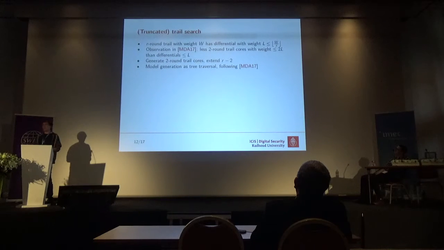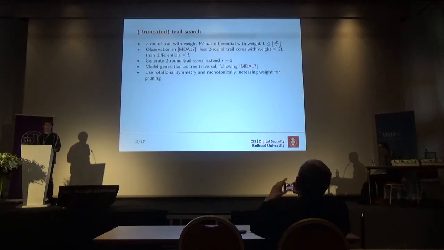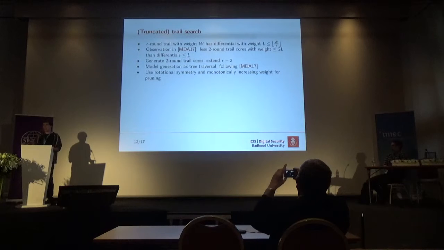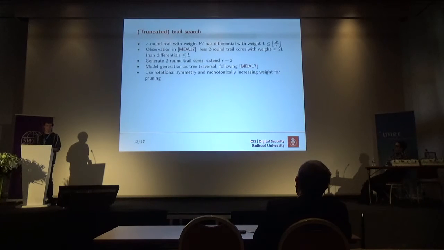Not really going into the details here, but the idea is that you can build a tree in a certain way, using all kinds of properties of this design, namely that there are a lot of rotations in the tree, and we can build this tree in a way that the weights increase. That allows us to do a lot of pruning in this tree, and to actually cover a larger search space than you would otherwise have to cover.